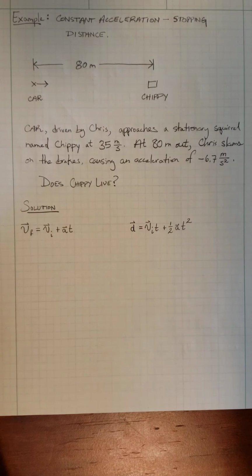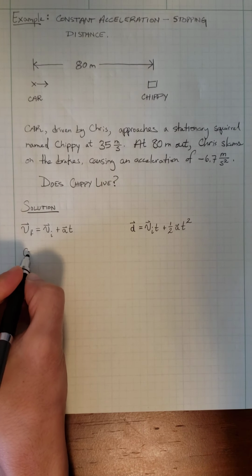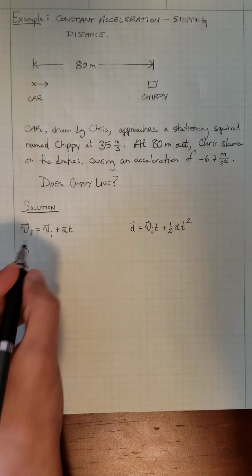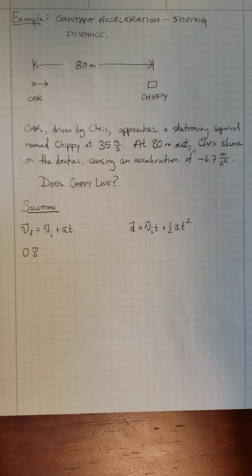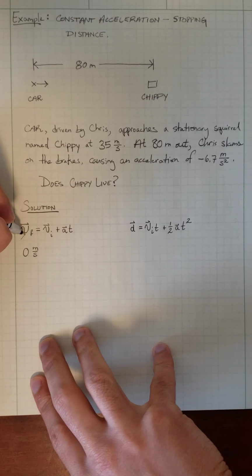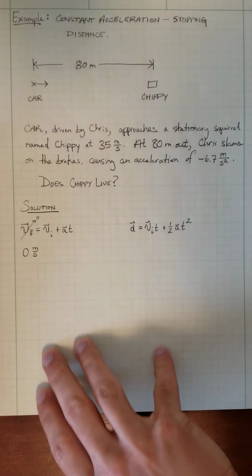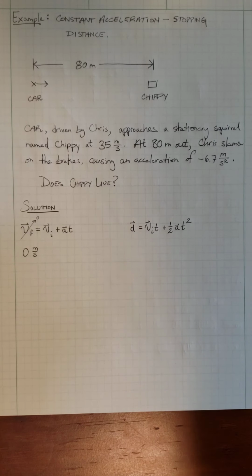And the stopped condition is where your final velocity is 0. Sometimes we'll draw an up arrow like this and a 0 to indicate that that's 0.